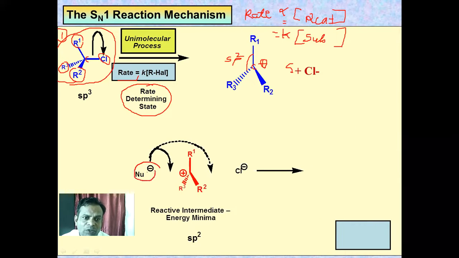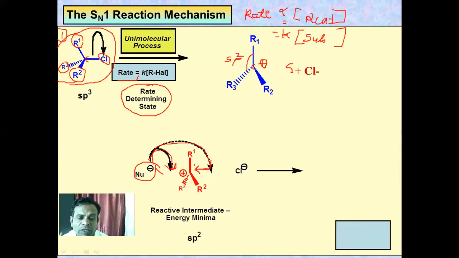ये जो न्यूक्लियोफाइल है, इसका जो अटैक है, now it is to take place from this back side. Attack takes place from back side as well as from front side. So there are two possibilities. न्यूक्लियोफाइल का अटैक एक तो बैक साइड से भी हो सकता है और फ्रंट साइड से भी हो सकता है.